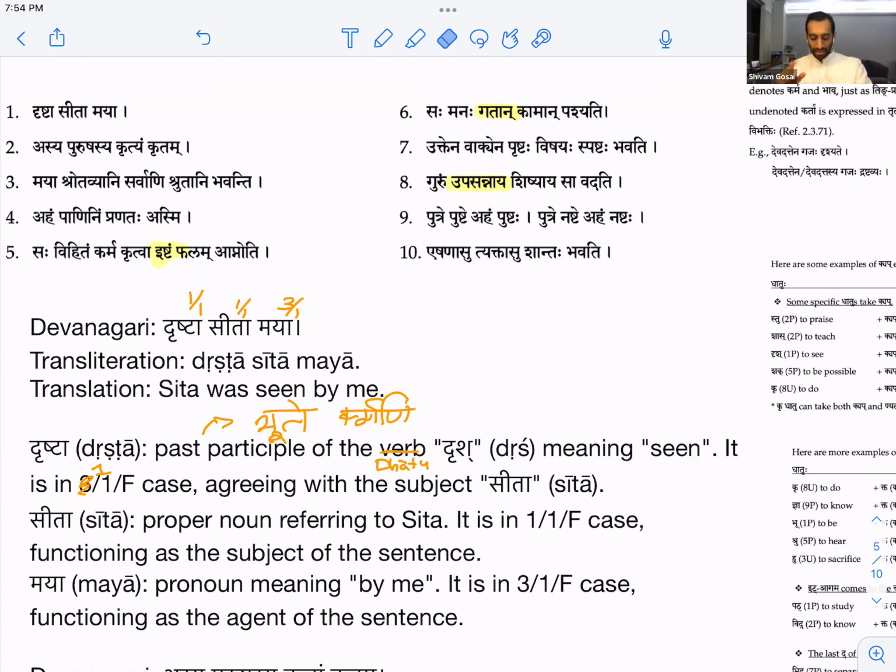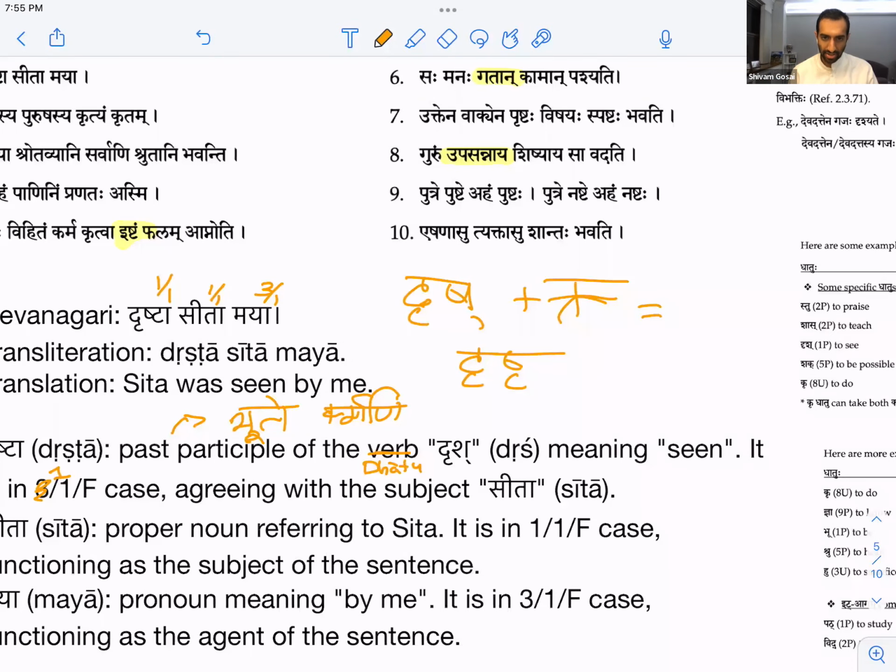So here, we have the dhatu drish plus kta, right? So then if I put them together, I would get drishta. It would be just drishta.